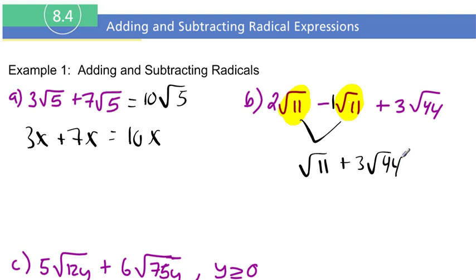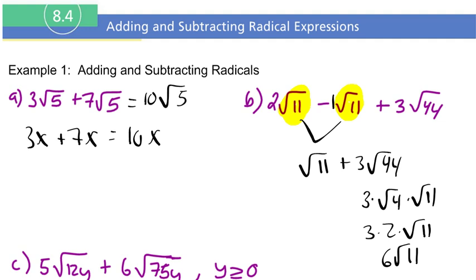Let me think. 4, right? So I can rewrite this as 3 times radical 4 times radical 11, because radical 4 times radical 11 is radical 44. You see what I'm saying? So we can break this down as a product. Then this becomes 3 times 2 times radical 11, because the square root of 4 is 2. And this now becomes 6 radical 11.